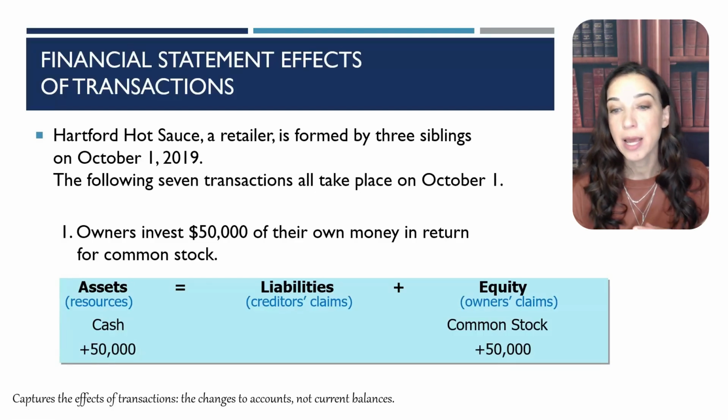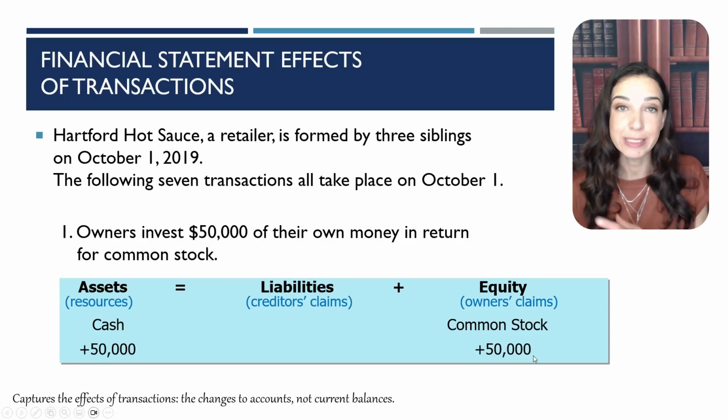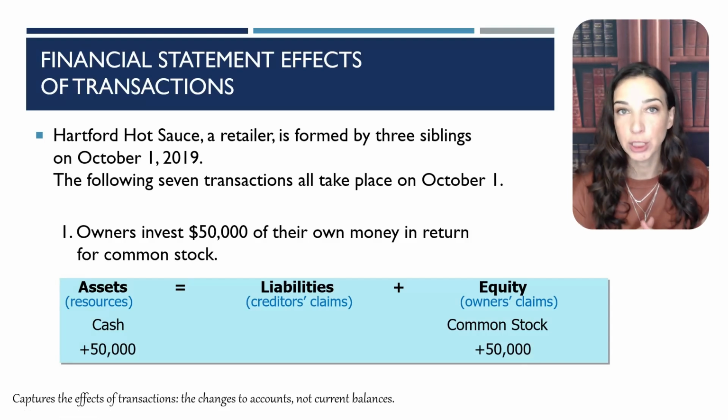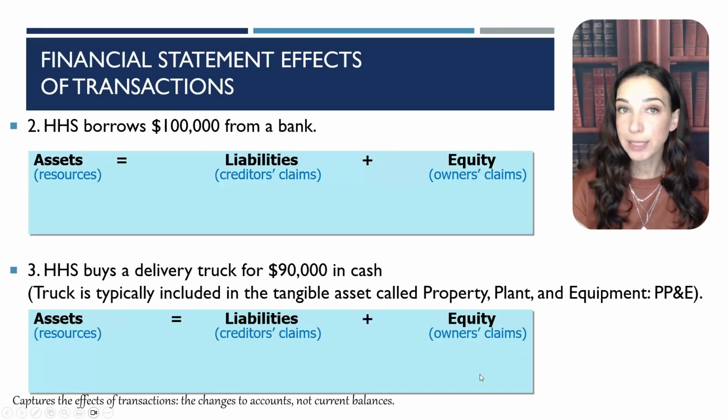It goes up, as well as an equity account called common stock, because the 3 siblings now own common shares of the company. So we have the equity account that reflects that we received inflows as a result of creating ownership. Let's check. Do our assets equal to the liabilities? Yes, plus 50,000 on both sides. Let's go to the next transaction.